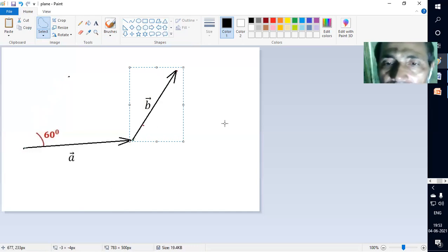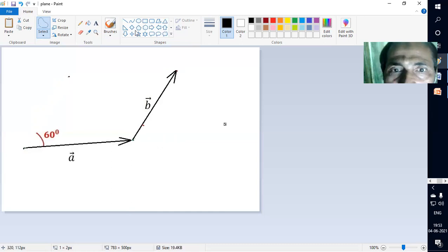Now, in this situation, the tail of one vector is coming on the head of the other vector. And in this situation, if you want to add the two vectors, you cannot use the parallelogram law of vector addition. Instead, you have to draw one triangle. So how do you draw the triangle?